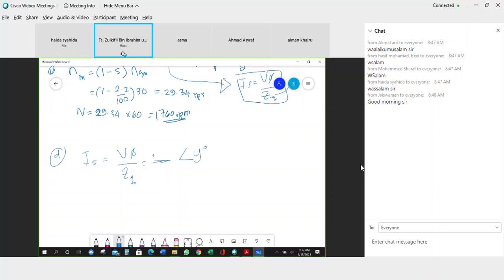So your power factor is equal to cos of this Y degree. You have to find this by yourself: what is the stator current?